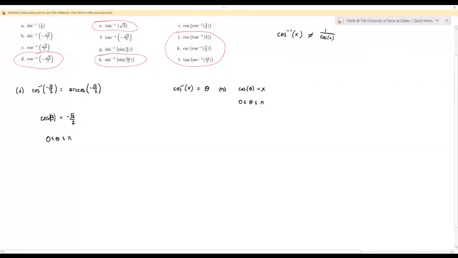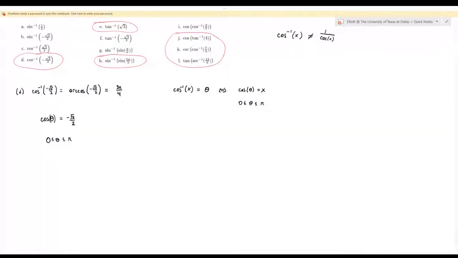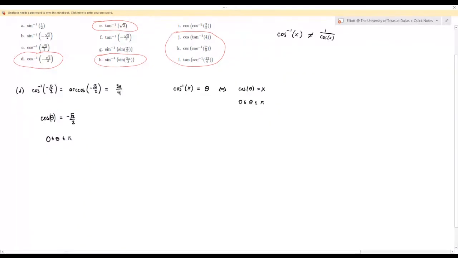Pi over 4. Close, but cosine would be positive there. We need negative, right? So 3 pi over 4, actually. Yeah, that's right. You have to move to the second quadrant, and 3 pi over 4 gives you this value. So the inverse cosine of minus root 2 over 2 is 3 pi over 4, okay? All right, good.